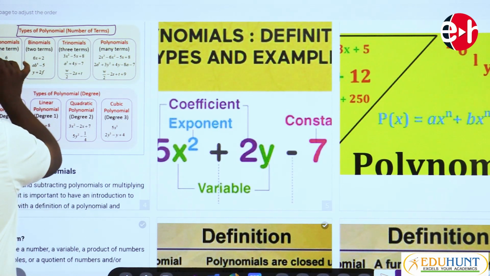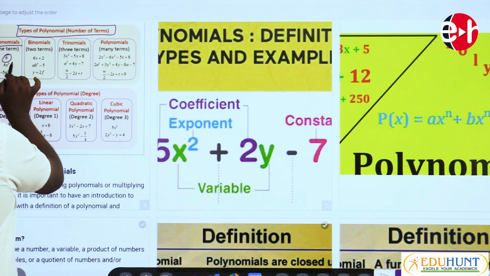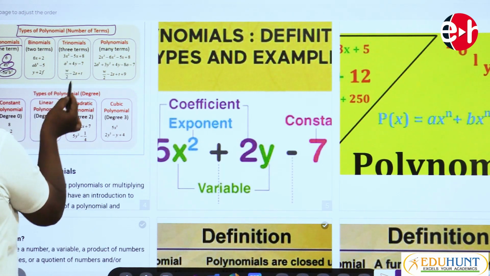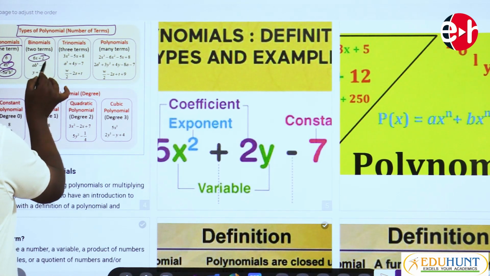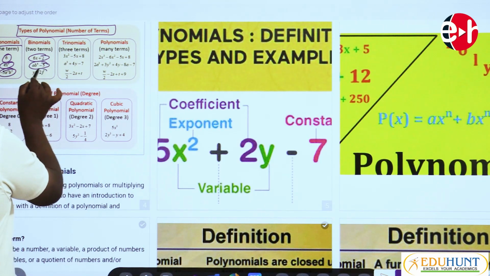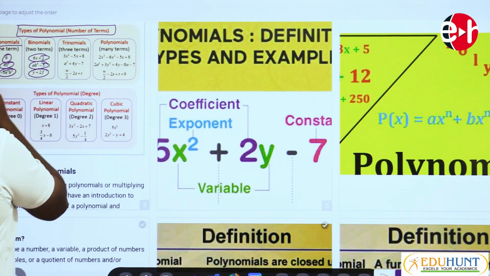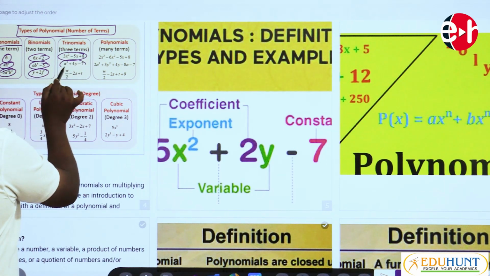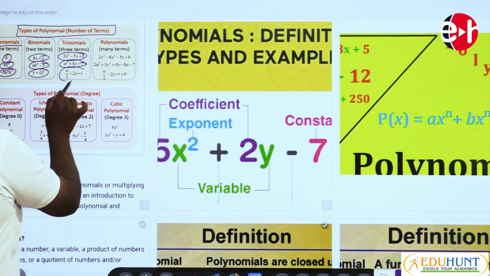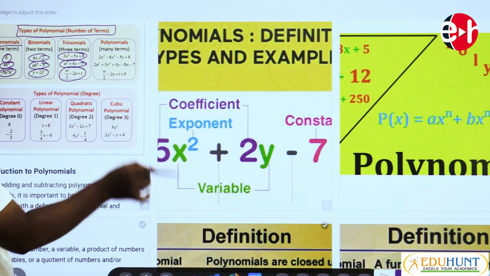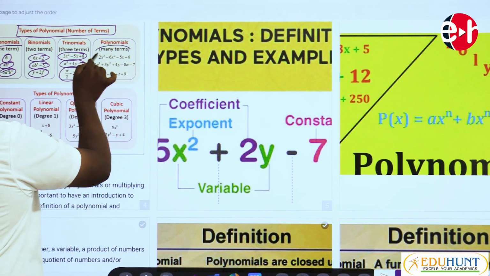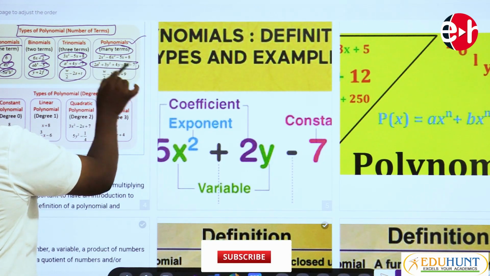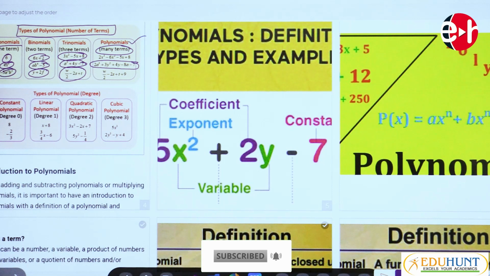Here, for a monomial, you can take one term: 6, 4x cube, minus pi square, 5 into a square b cube. For a binomial: 6x plus 2, ab power 4 minus 5, y plus 2f, the sum of two terms. Trinomial means three terms: a cube plus 4y minus 7, for example w by 2 minus 2s plus t. Then many terms is called a polynomial: 2a cube plus 3y square plus 4y minus 8a minus 7.